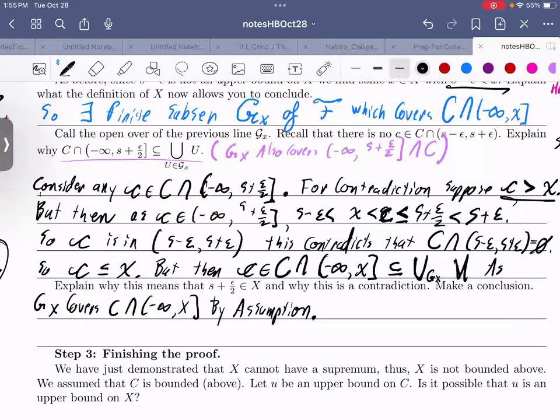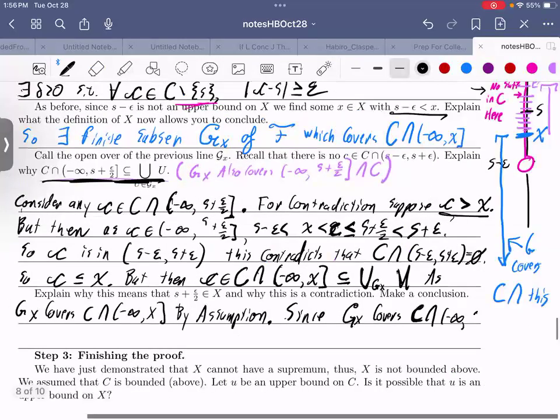All right, so that was a lot, but what did we achieve? We achieved this. Since we now have Gx covers C intersect negative infinity to s plus epsilon over 2. Let's remember what the set big X is.